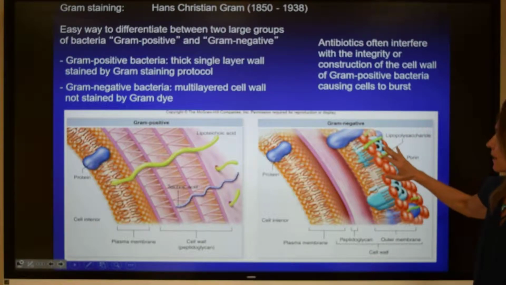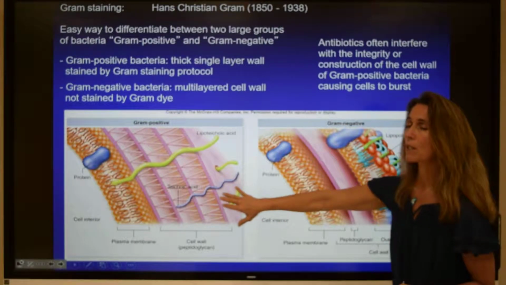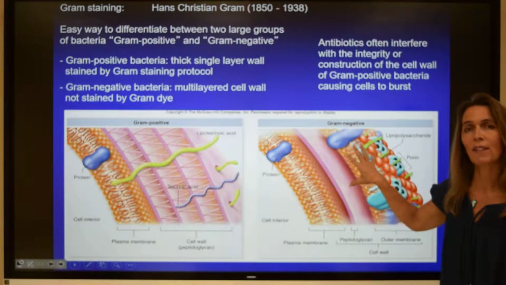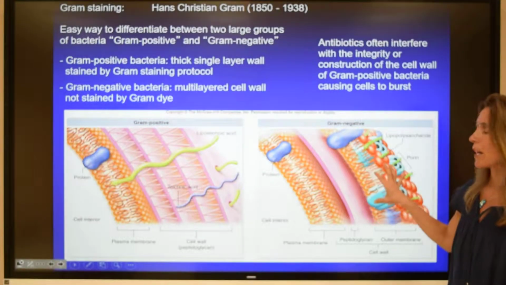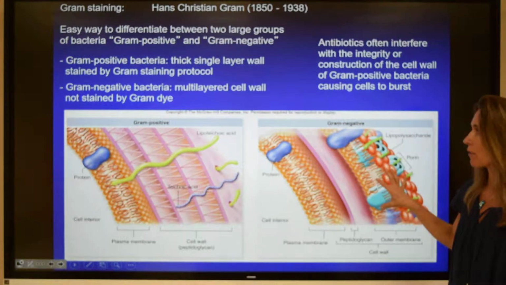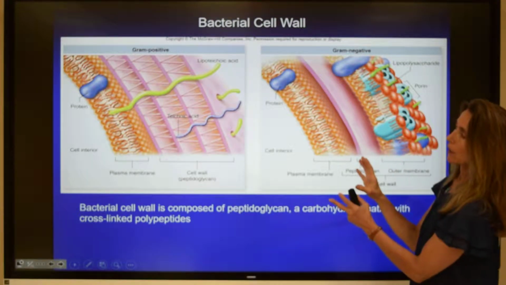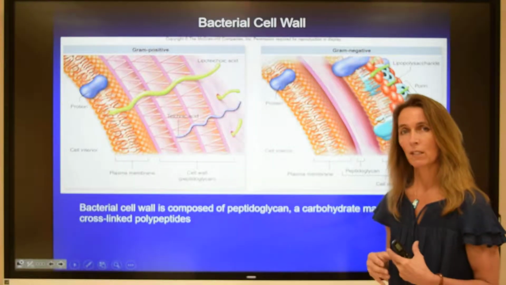And because the cell wall of these bacteria is different from the cell wall of these bacteria, these ones do not take on this dye that was developed by Hans Christian Gram, and for that reason are gram-negative.